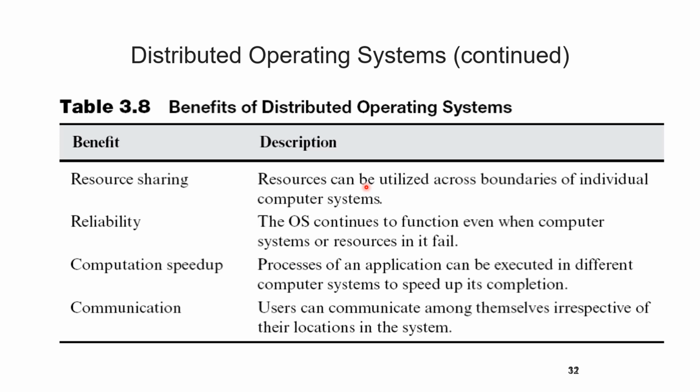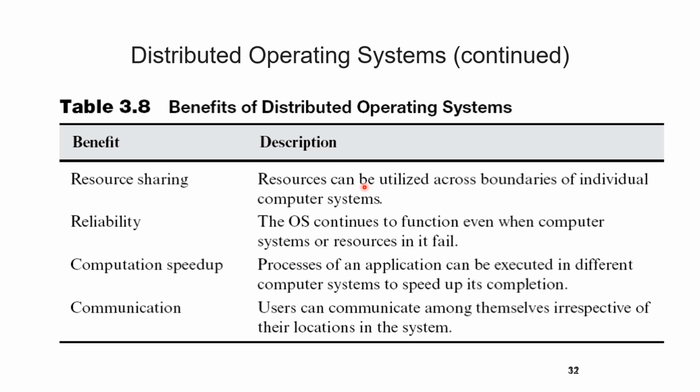For example, a PC or workstation can use a resource such as a printer over the LAN, or access specialized hardware and software resources. So that can be used among the computers connected to that particular network.